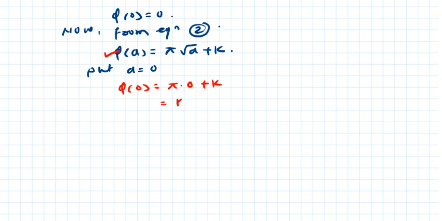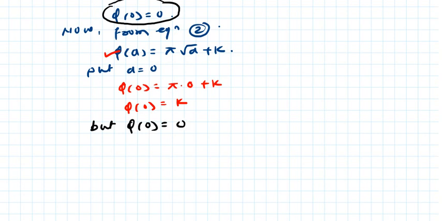This will be k. Phi of 0 value is what? k. But from this, what we have got? But phi of 0 is 0. So from these two equations, we get the value for k equal to 0.